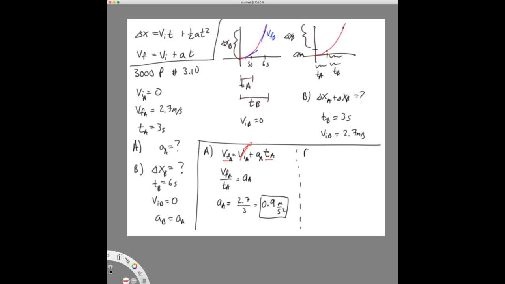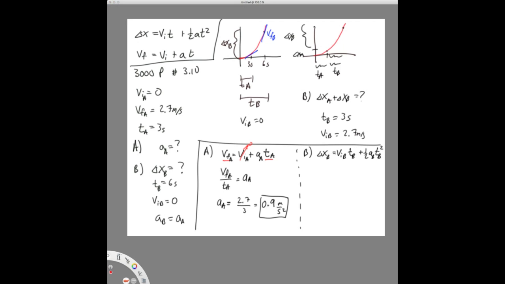Okay, then we can solve for part B now. We only have one equation with delta x for part B. Okay, we have one equation only. So I'll pick that one. Delta x B equals V initial B T B plus 1/2 AB T B squared.